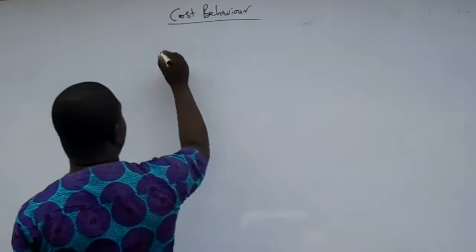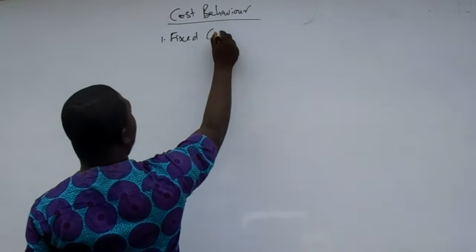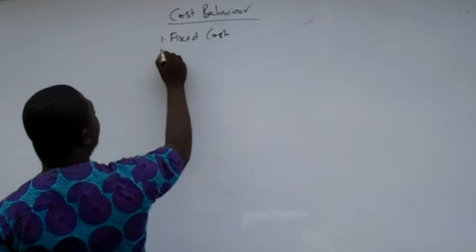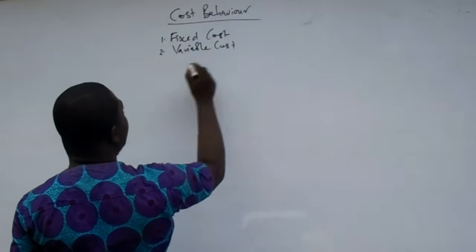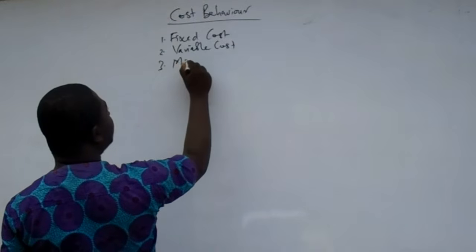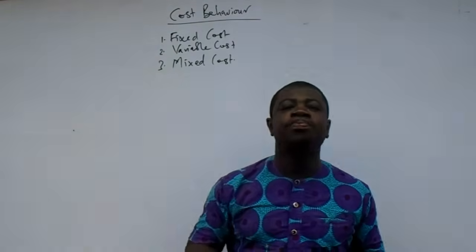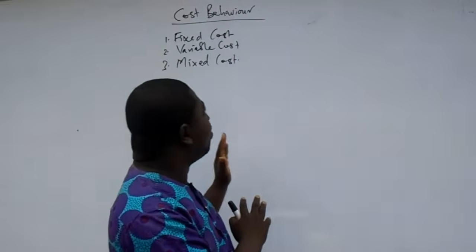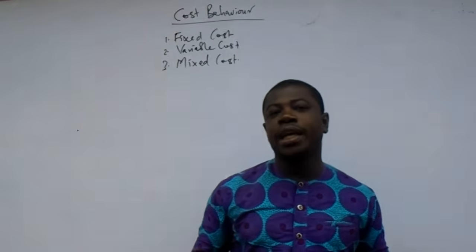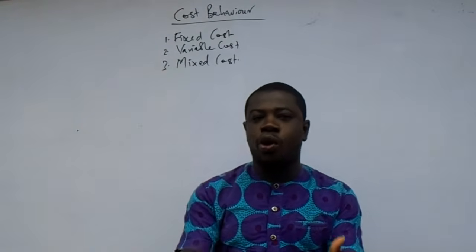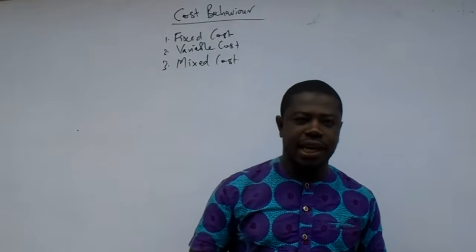And so under cost behavior, we have fixed cost as a responsiveness, and then we have the variable cost, and then also we have the mixed cost. All right, so we are going to look at these types of costs as components of cost behavior, and then we are looking at how cost responds to changes in output or activity levels within the organization.